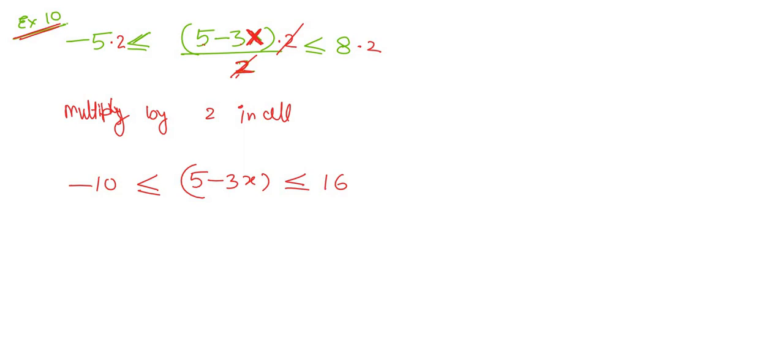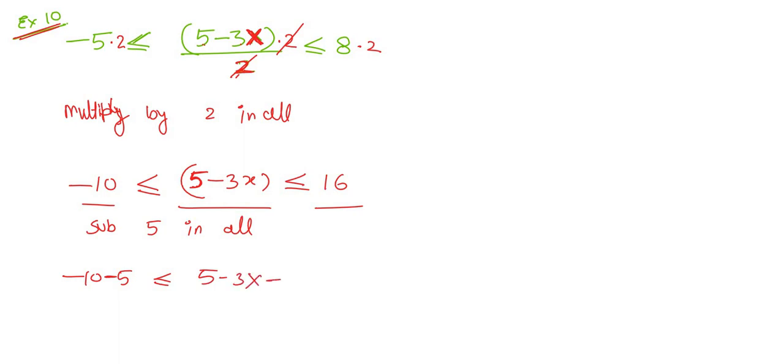Correct? Now, next we don't want this 5. This is plus 5. So can we subtract 5 in all? Means here also, and here also. Everywhere subtract 5. So minus 10 minus 5 less than or equal to 5 minus 3x minus 5 less than or equal to 16 minus 5.